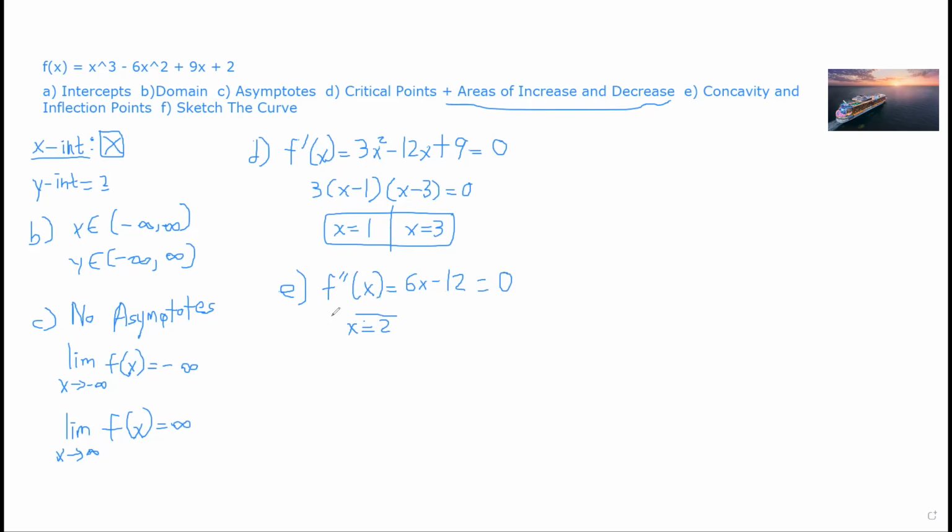This is an inflection point because when x is below 2, this is negative, and when x is above 2, this value is positive. So f is concave down, CD, for x less than 2, and concave up, CU, for x greater than 2.